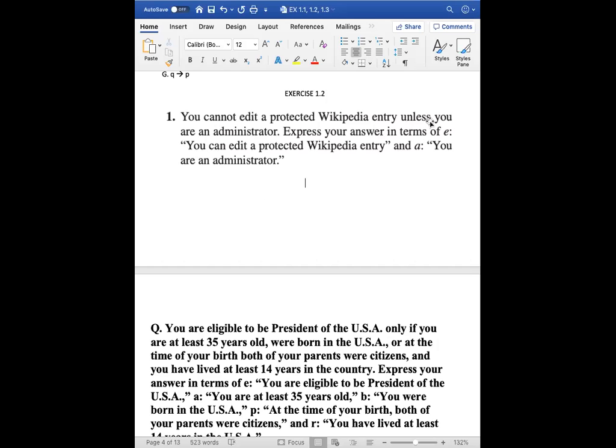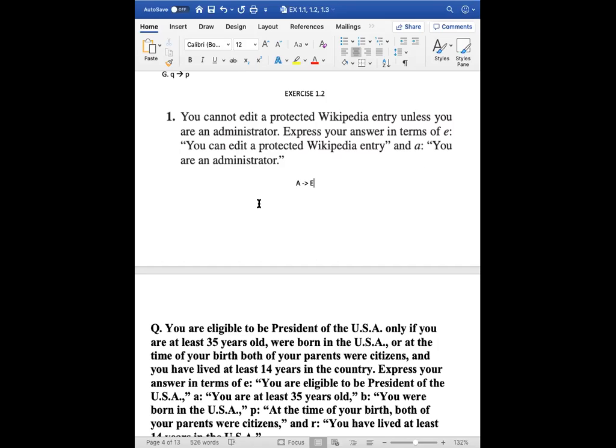So here we have this keyword, unless, which represents the use of the implication. So we will be using implication to represent the statement here. We will use this A statement, which is you are an administrator, and then we imply that statement represented by E, which is you can edit a protected Wikipedia entry.